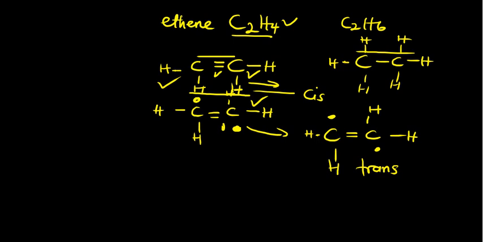Now let's go to the ethyne. So ethyne also, the first member is starting from, so alkyne. We're talking about alkyne. So they have the general formula CnH2n minus 2.